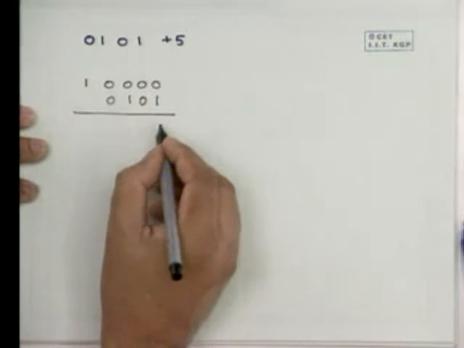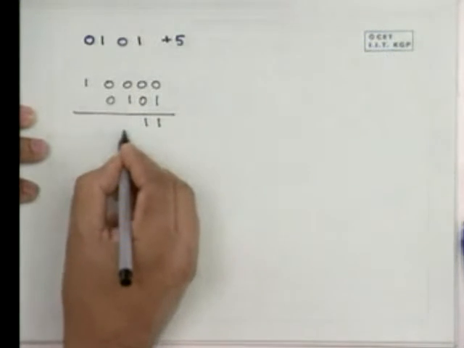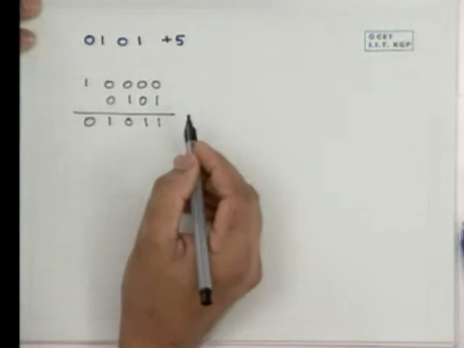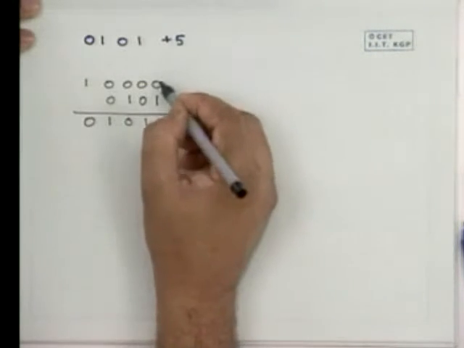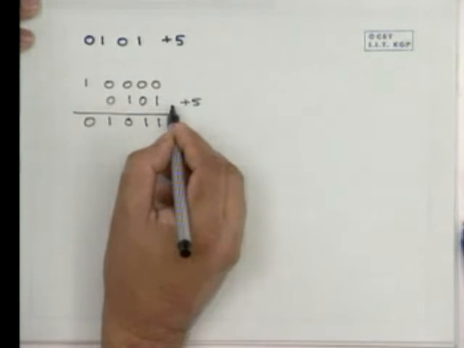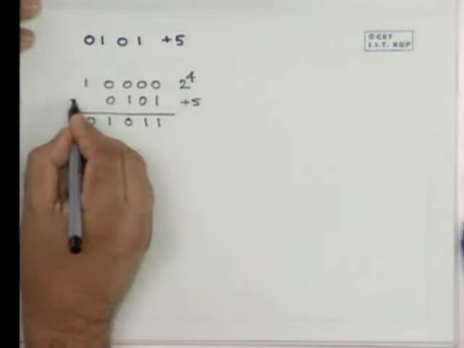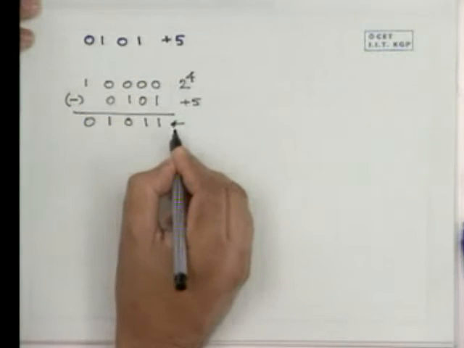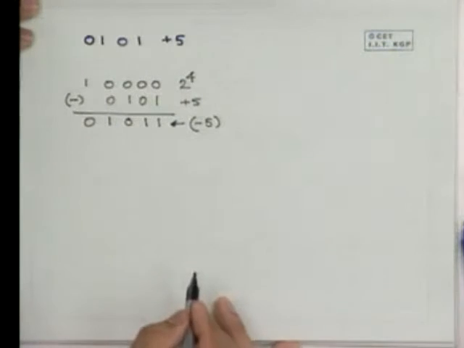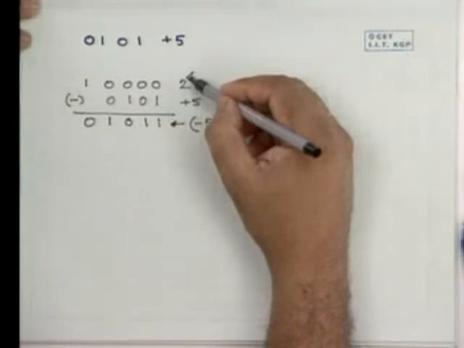In that case, what we get is 1 0 1 1, which means that we subtract the representation of plus 5 from 2 to the power 4, and we get a representation in bits which we say is our minus 5. Therefore, to get minus 5, we take plus 5 and subtract it from 2 to the power 4.